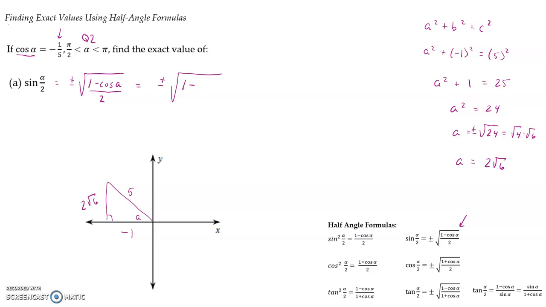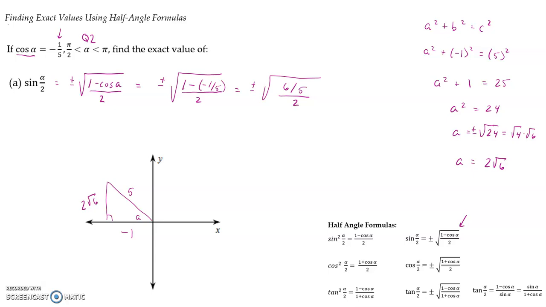So I've got 1 minus a -1/5, all of that over 2. This is going to be the same thing as 1 plus 1/5, for a total of 6 fifths on top, all of that divided by 2.